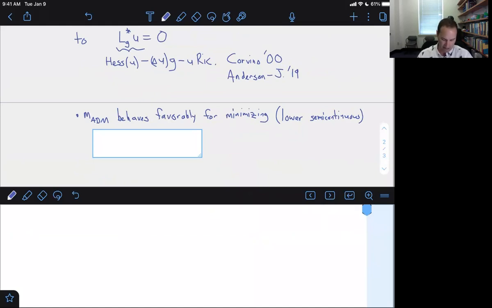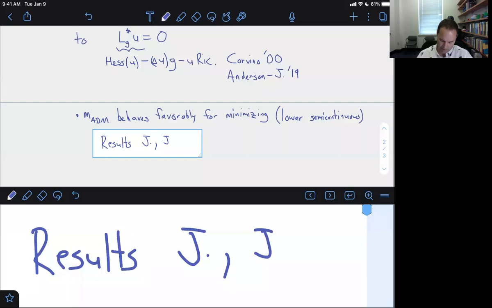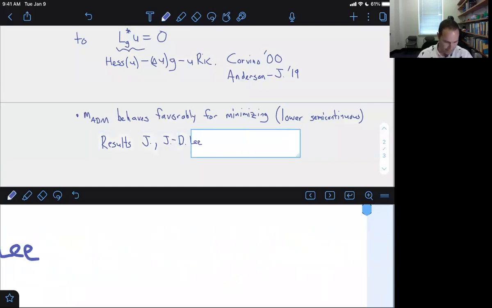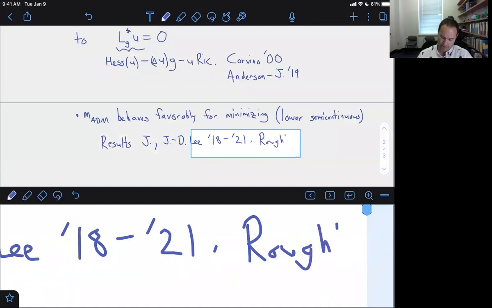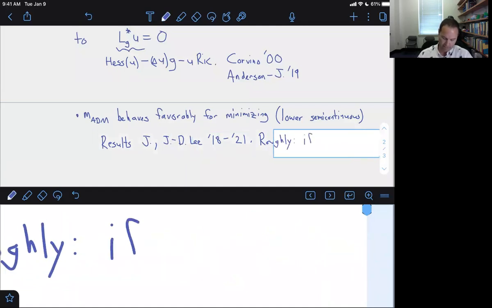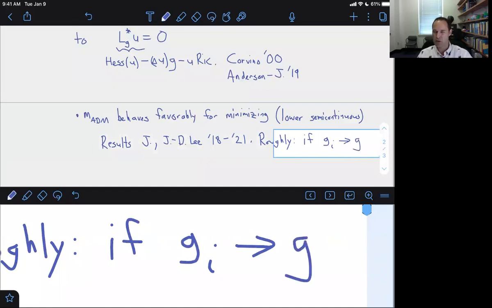So just to say a few words about this without writing out full theorems, these are results, including some with Dan Lee, roughly in that range of years. But essentially the idea is that if g_i goes to g, these could be Riemannian metrics, though they actually could be more general objects.